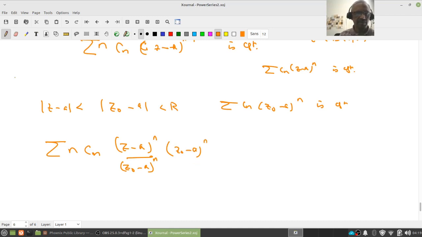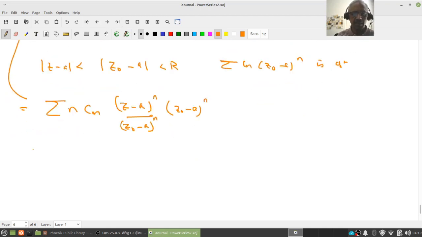This series equals this series. Again, if I look at rho as mod z minus a by mod z naught minus a, this is less than 1 because of this relation.